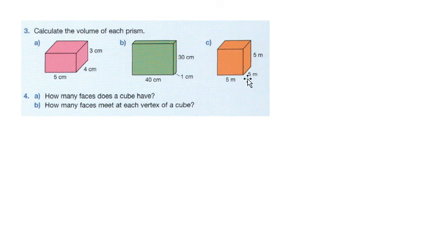And let's take this vertex for example. We have one face, two faces, and the face underneath that is not visible from here, but it would only be visible if we lifted up this cube and looked underneath. So there are 3 faces that meet at each vertex.